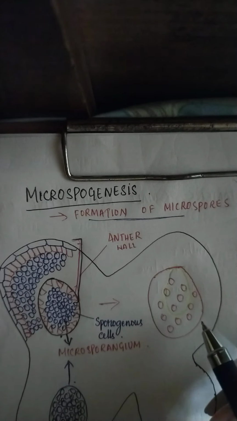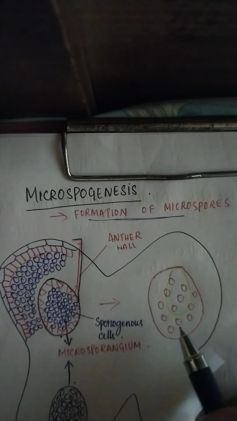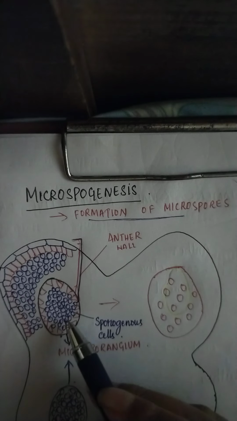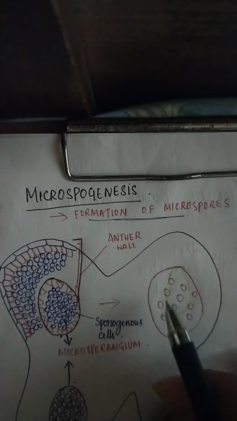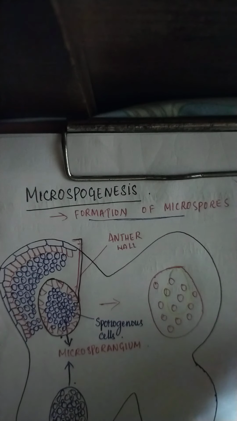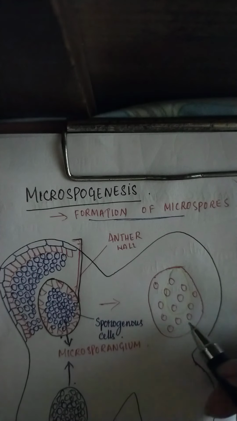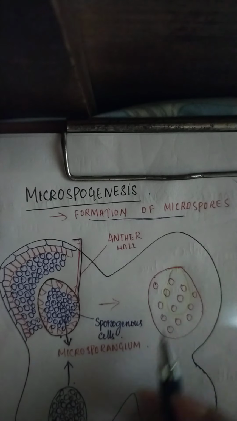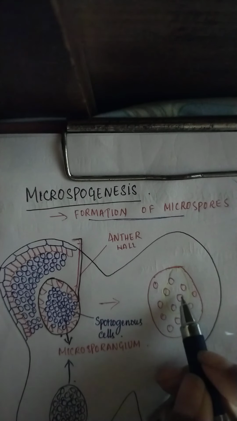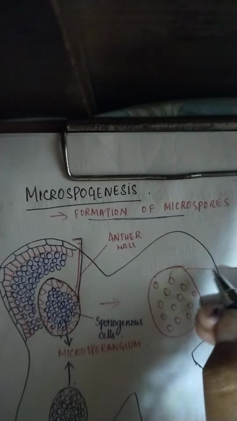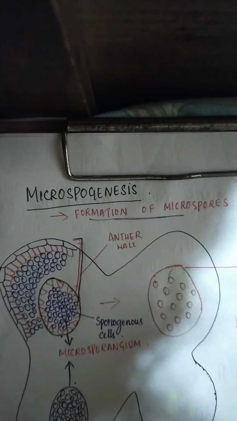Because when the anther has not yet matured, the sporogenous cells inside the microsporangium are arranged tightly, but when the anther becomes mature, the sporogenous cells are arranged loosely, having no contact with each other, and when this happens, this is known as a pollen sac.